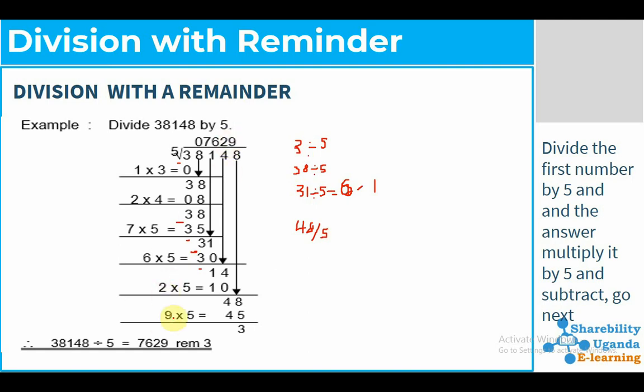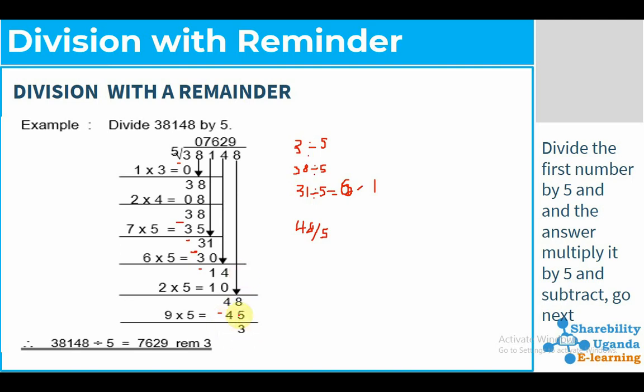When you say 9 times 5, what do we get? We get 45. Then we get 45 minus this, so we shall be able to remain with 3.